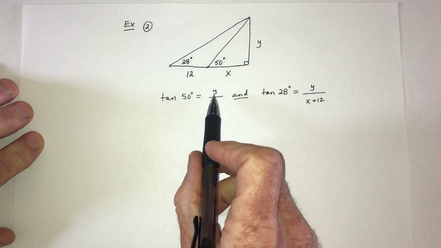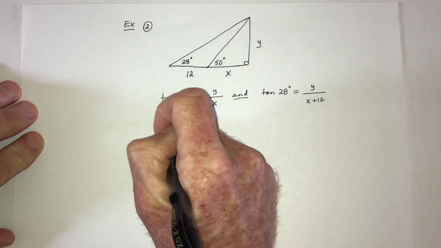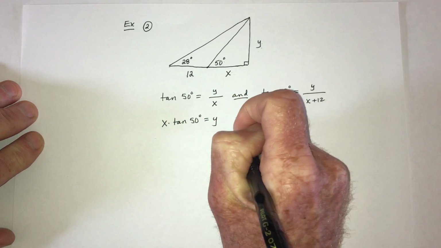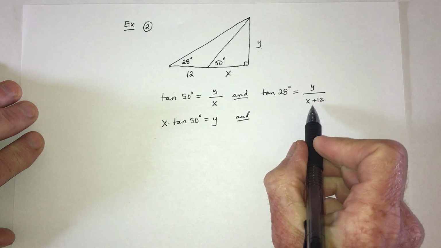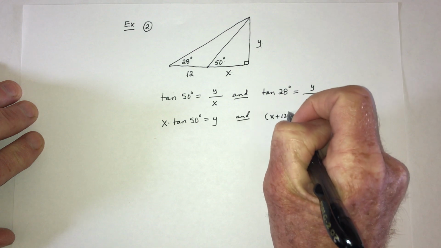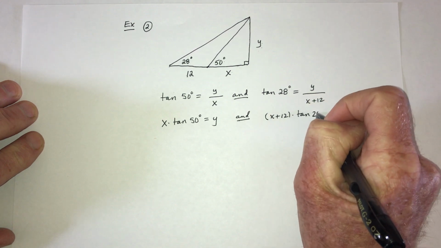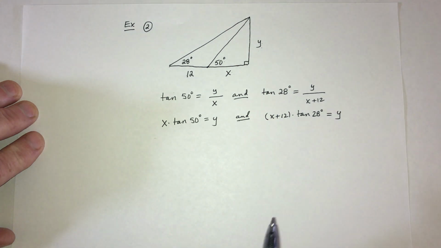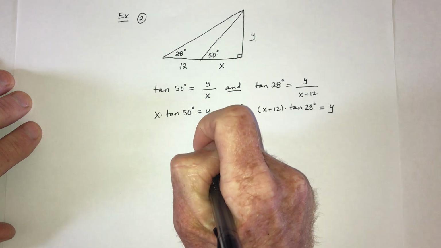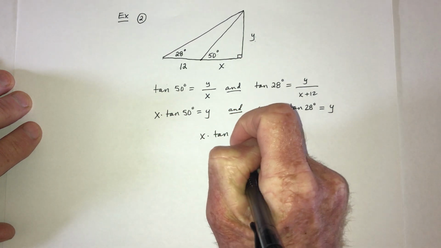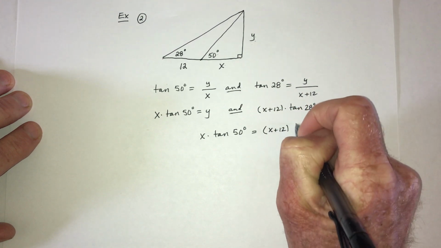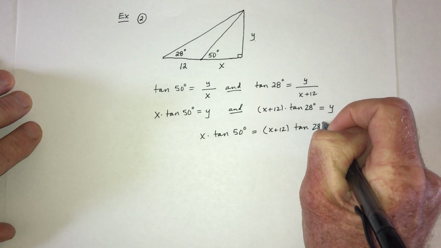Now for each one of these, I want to solve for y. So for this one, multiply both sides by x. And for this one, multiply both sides by x plus 12. Okay, now because they're both equal to y, that means they have to equal each other. So x times tangent of 50 degrees has to equal x plus 12 times tangent of 28 degrees.